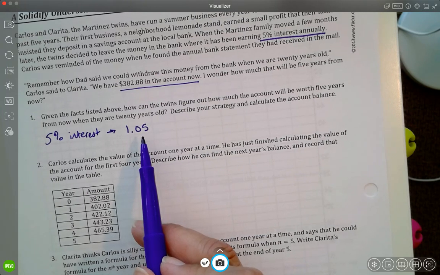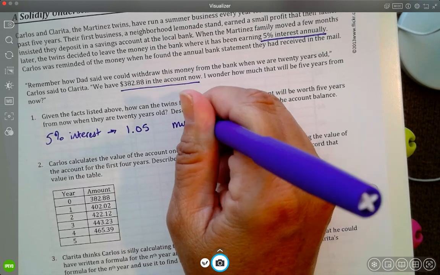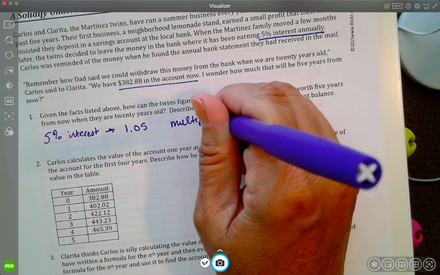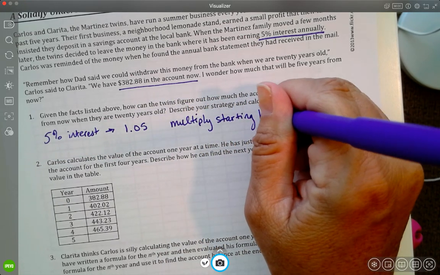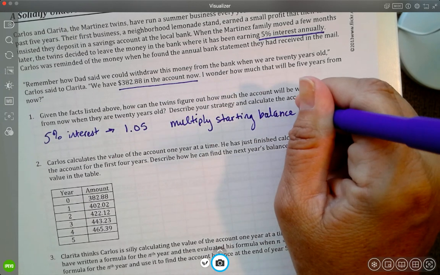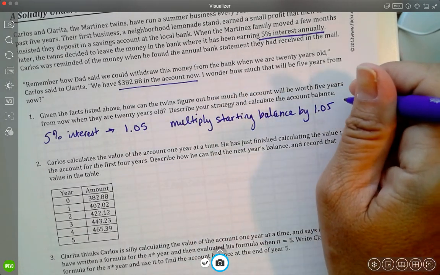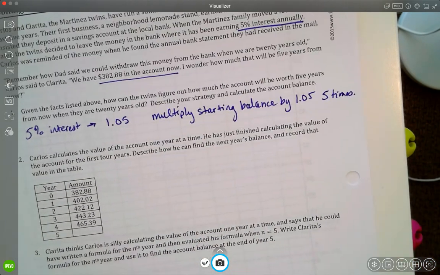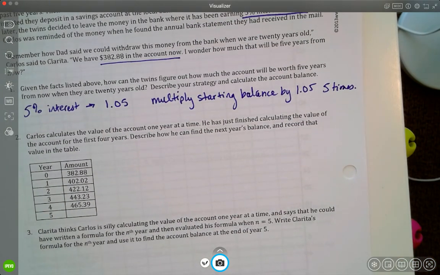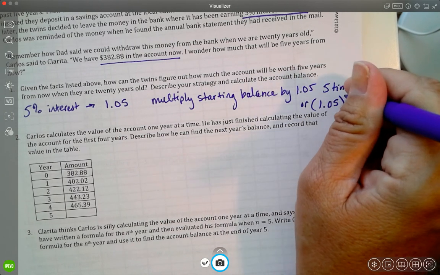So doesn't it make sense that you would just multiply the starting balance by 1.05 5 times, which is really 1.05 to the fifth power.